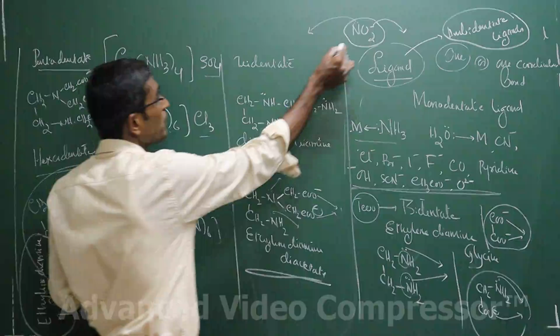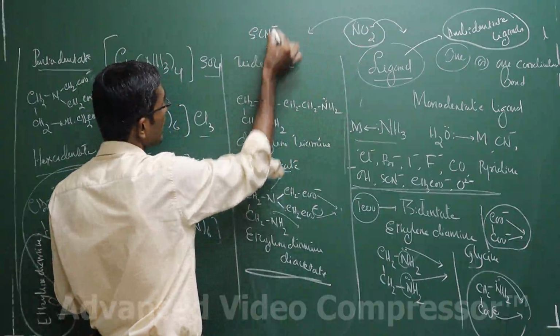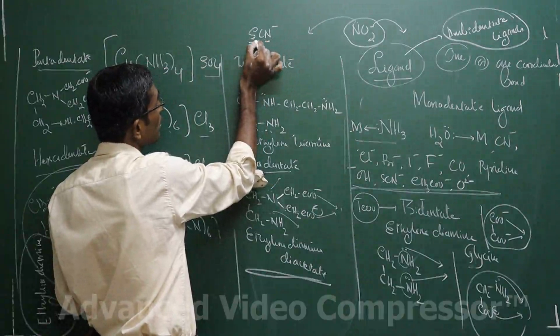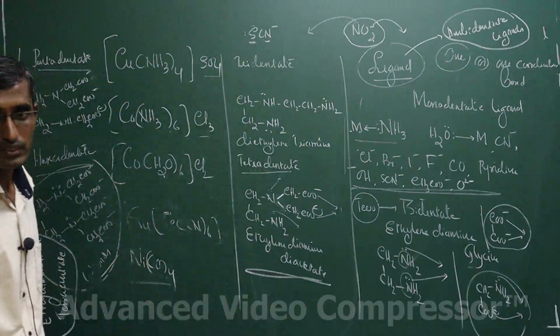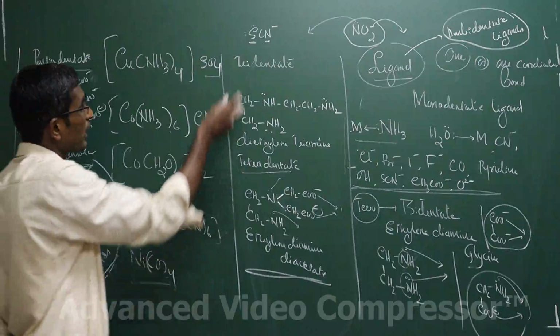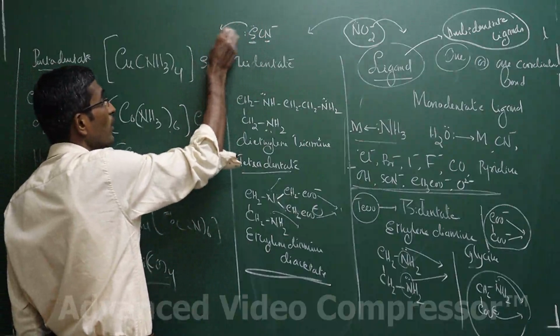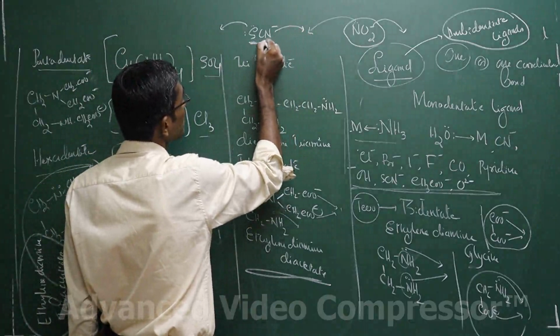NO2 minus is an example, and SCN minus. Take a look here, either nitrogen can be employed or sulfur can be employed. As we know, sulfur has a lone pair of electrons, right? So it has a choice. Either it will make use of the sulfur sometimes or it may make use of the nitrogen. That means this is also an ambidentate ligand.